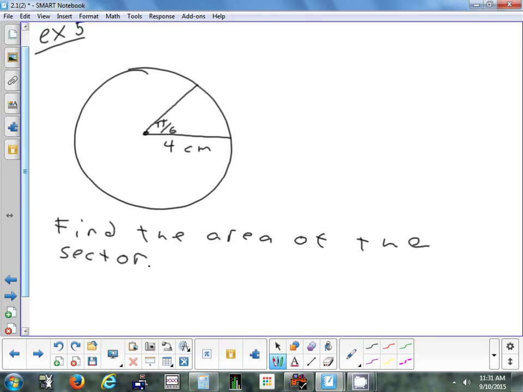Okay, so this problem is asking us for the area of the sector. First thing I like to do is just write down which formula I'm using. It's either S equals r theta, or A equals 1/2 r squared theta. In this case, it's area. Nathan, what am I going to fill in for r?